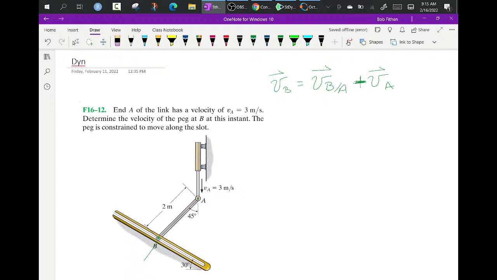So one of the things I do know is that, so I'm going to stick with this form of the equation, and I'm going to say the velocity of A is equal to, and again, this is a plus omega, that's an x and y, so velocity of A is equal to minus 3j.